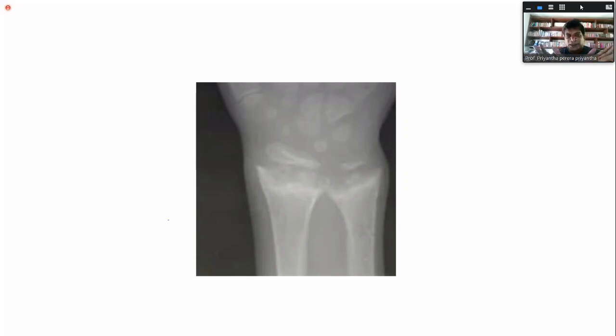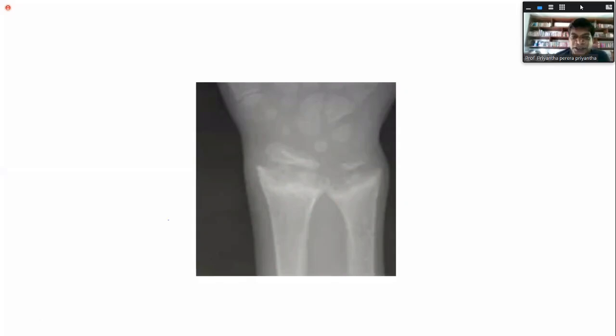And then fraying means the edge becomes a moth-eaten appearance. The edge takes on a moth-eaten appearance, as if eaten away. And the bone will be of less density, and you might see pathological fractures without evidence of callus formation. Right? So those are the features.